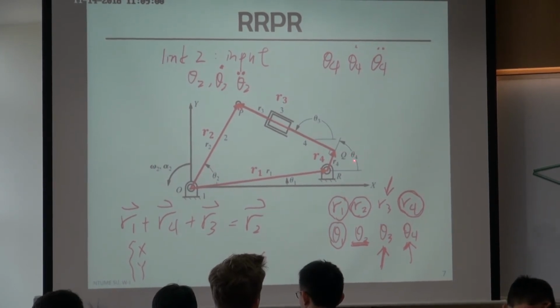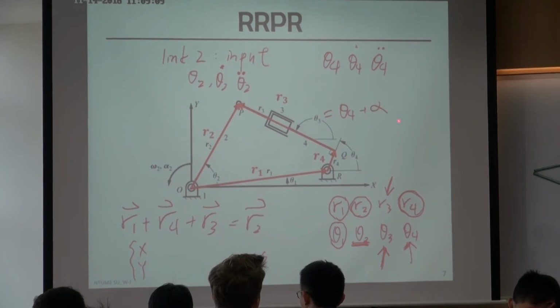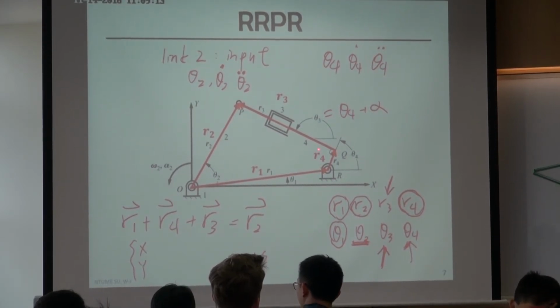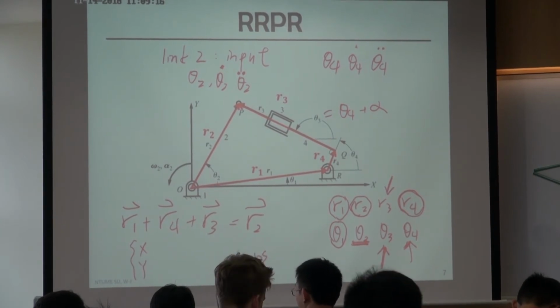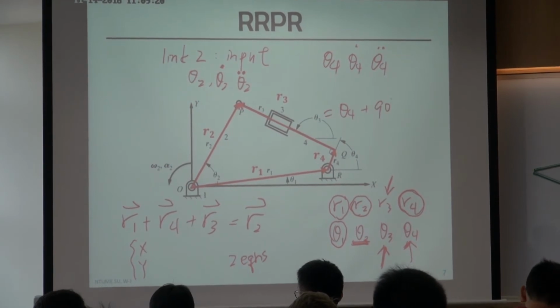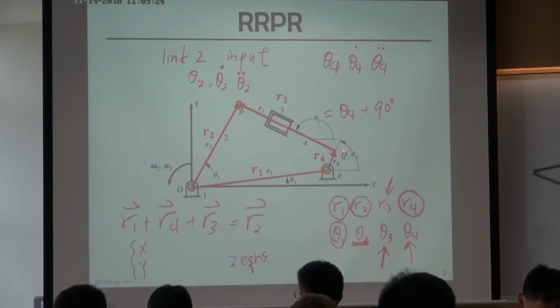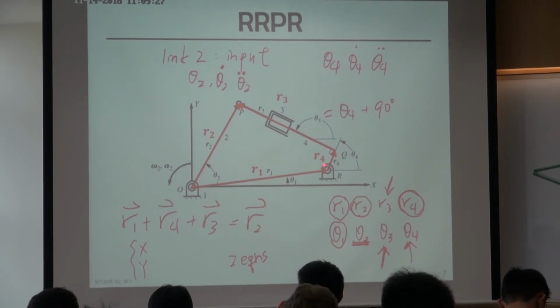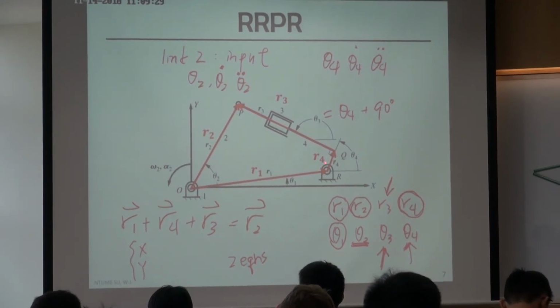But if you rotate it, theta 3 is simply theta 4 plus something. And this something is a constant. In this case, it looks like it's 90 degrees. So theta 3 is theta 4 plus 90 degrees, because these two vectors are perpendicular. And they'll be always perpendicular.